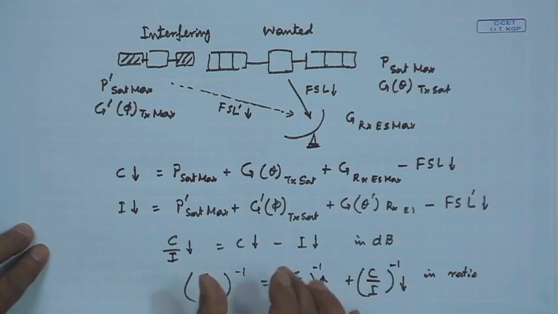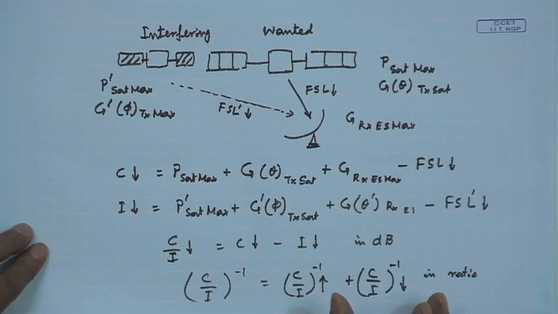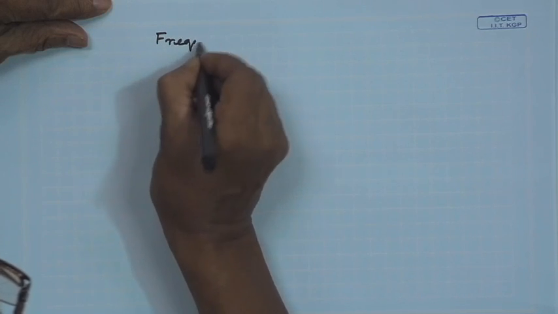But then there is some bandwidth interference, how much bandwidth is really overlapping, interfering bandwidth is really overlapping on the wanted bandwidth, that also has to be considered. So, let us see that we do a bandwidth adjustment factor. That is called frequency or bandwidth adjustment factor.